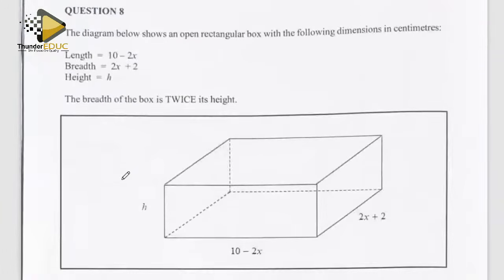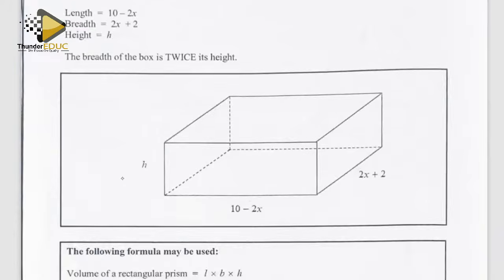Question number 9. Okay, the diagram below shows an open rectangular box with the following dimensions: length, breadth, and height. Then they tell us that the breadth is twice the height. First question, express the height in terms of x, meaning that our breadth, which is 2x plus 2, is twice the height.